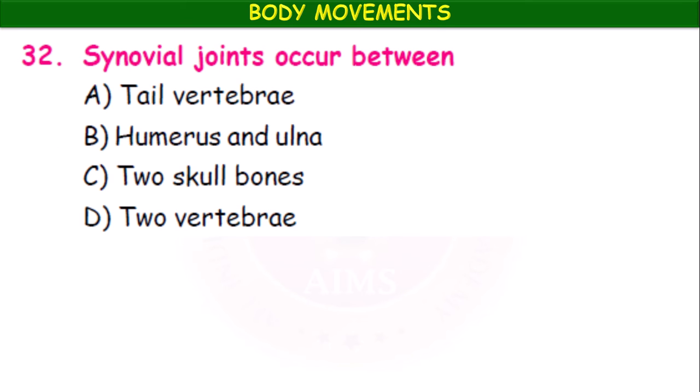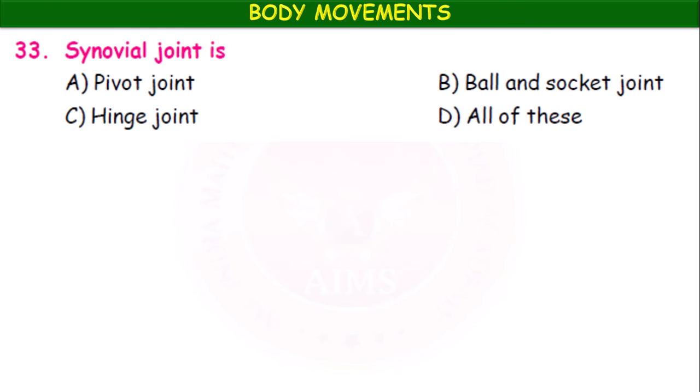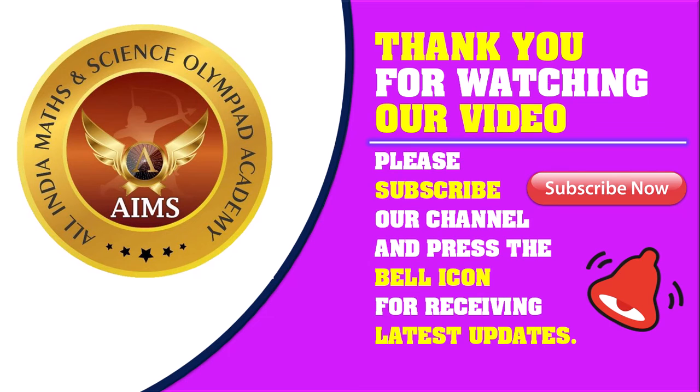Next, the synovial joint occurs between: tail vertebrae, humerus and ulna, two skull bones, two vertebrae. It is between the humerus and ulna that there is a synovial movable joint. Synovial joints include pivot joint, ball and socket joint, hinge joint. All of these are movable joints, synovial joints.